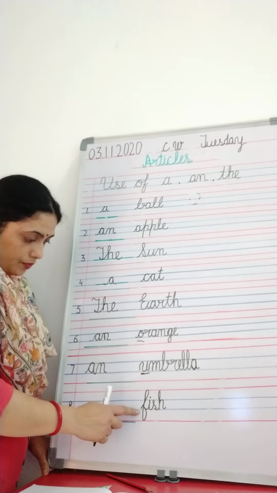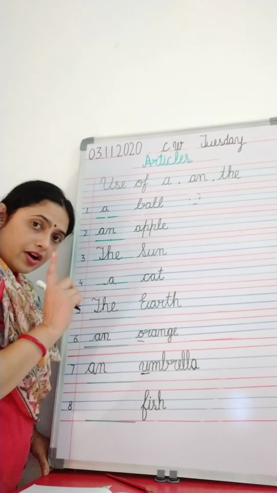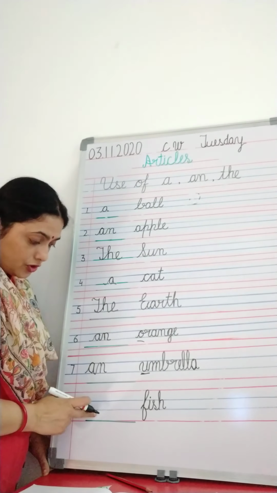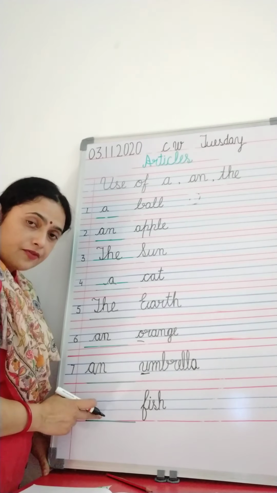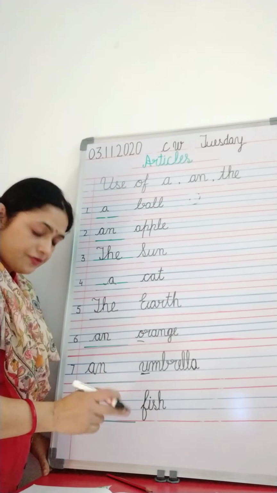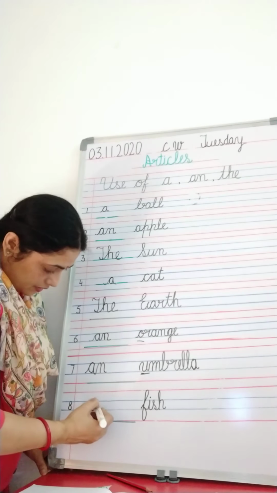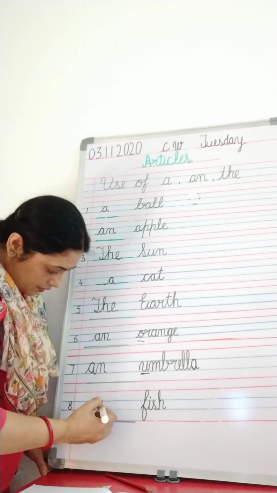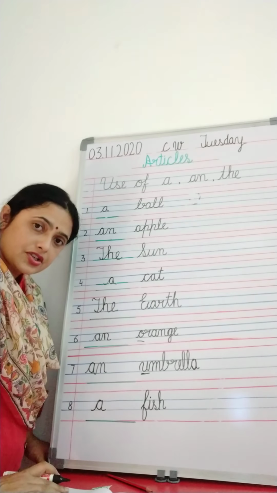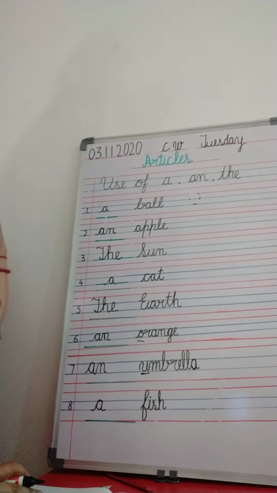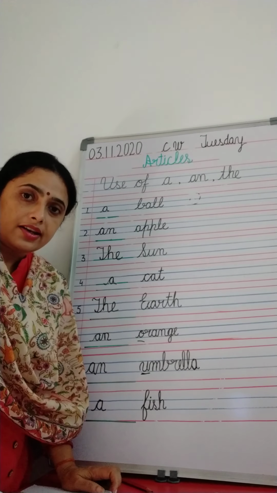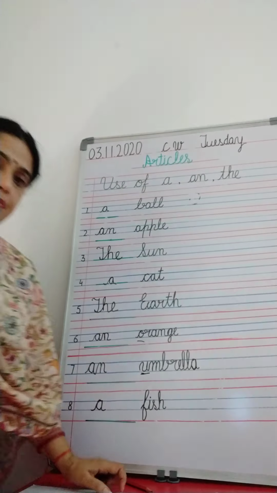Okay. Now fish. One fish. So what are we going to use here? A fish, an fish, or the fish? A fish. Okay. So now do you understand where we use a or an?